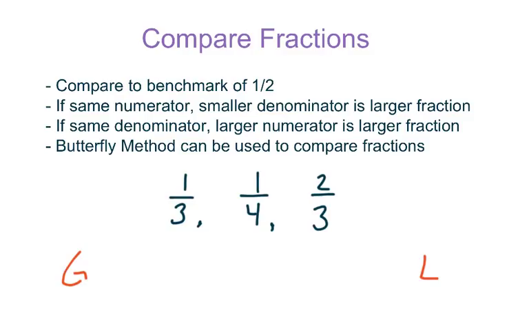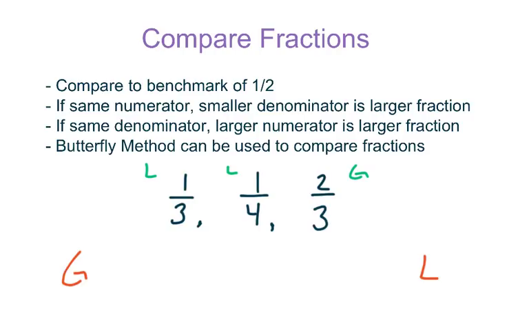Separate out your fractions, identify which are greater than and which are less than a half, and then label those with a G or an L. So 1/3, is that greater than or less than a half? It's less than. 1/4 is also less than a half, and then 2/3 is our fraction that is greater than a half. This helps us when we're ordering.